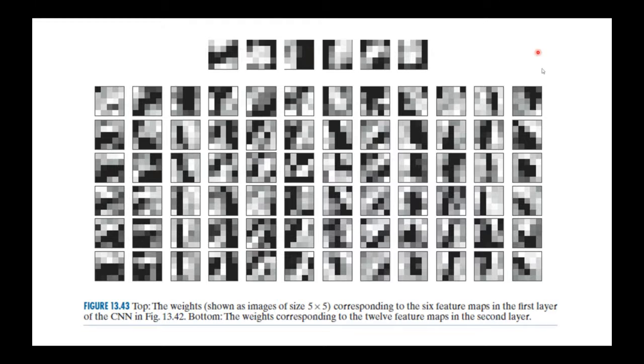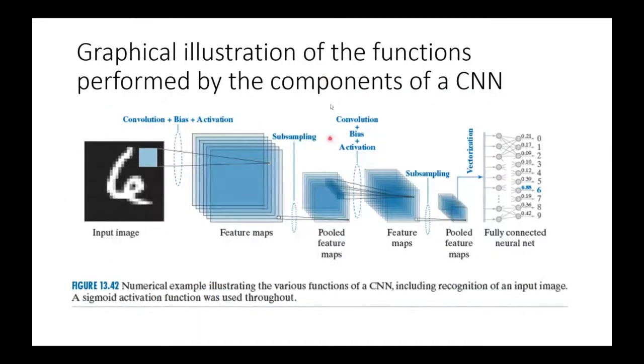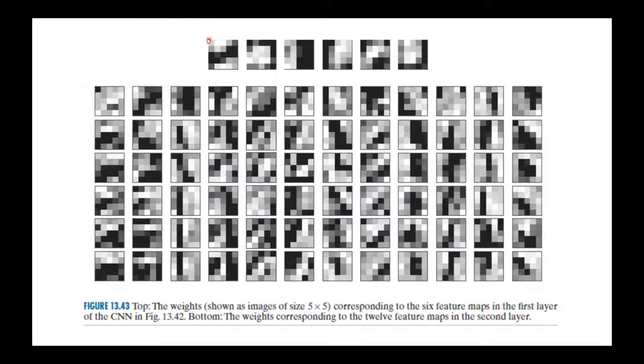Given this architecture here, you see that there are these 6 feature maps. At the first layer, this is what the convolutional neural network learned as the feature maps. It's hard to interpret, but you see that what this neural network is learning is kind of pieces of numbers, right?